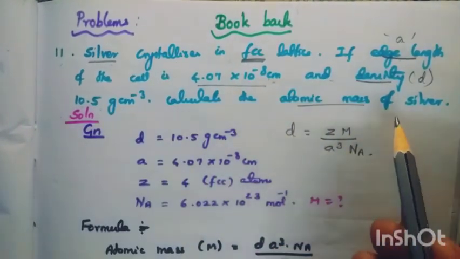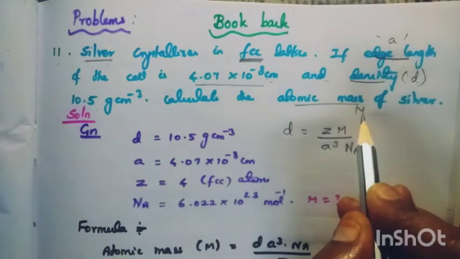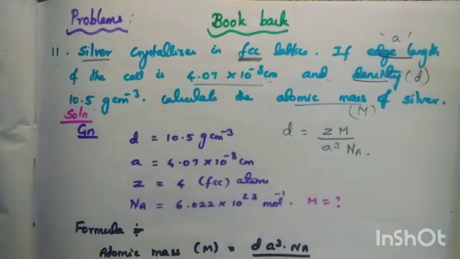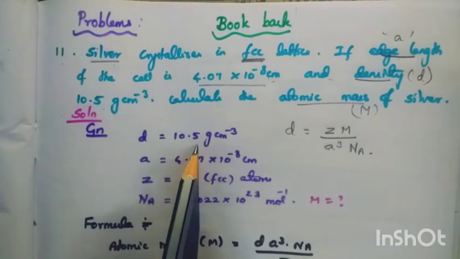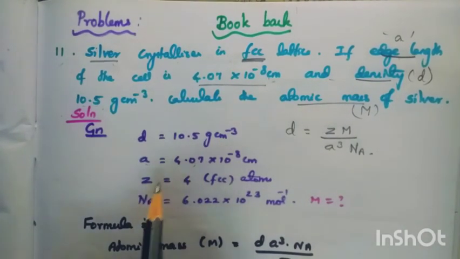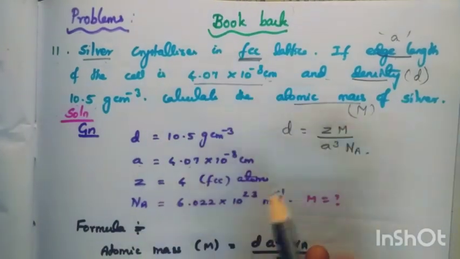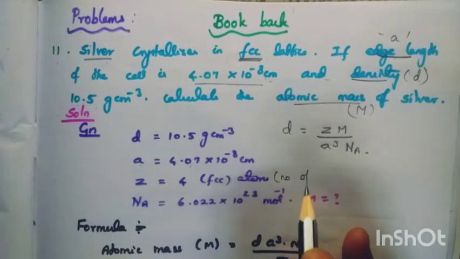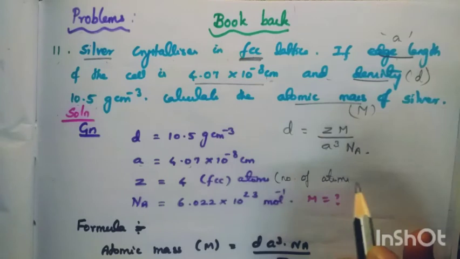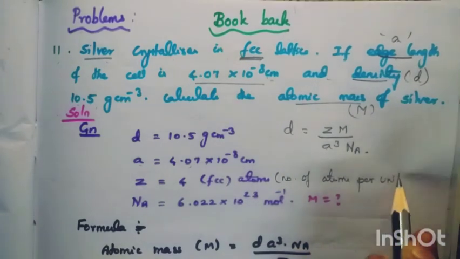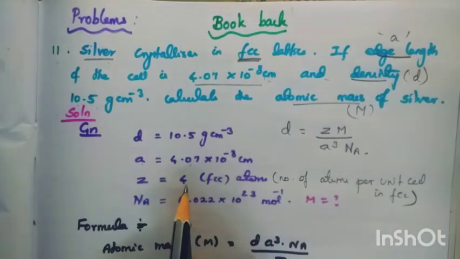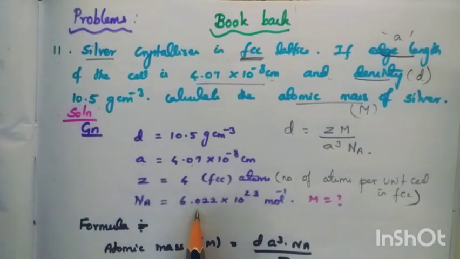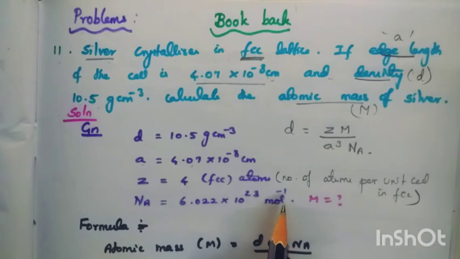Calculate the atomic mass. Atomic mass here is the molar mass, so our symbol is the same. Edge length is given. Z for FCC, the number of atoms per unit cell, is 4. Avogadro number we know is 6.022 into 10 to the power 23 per mole.